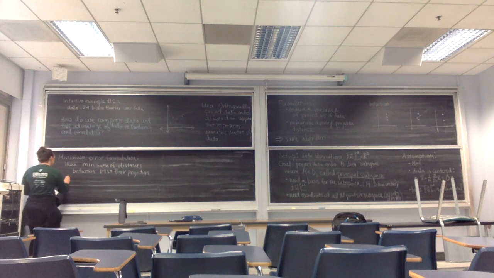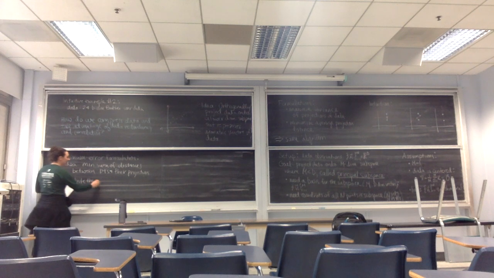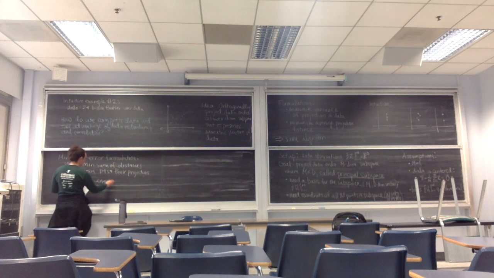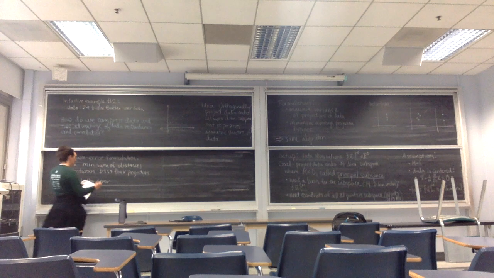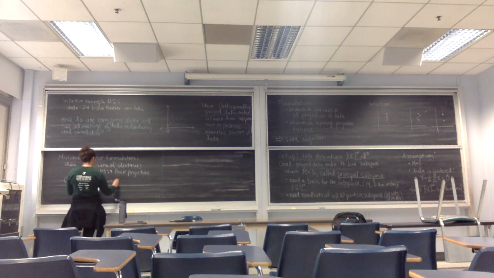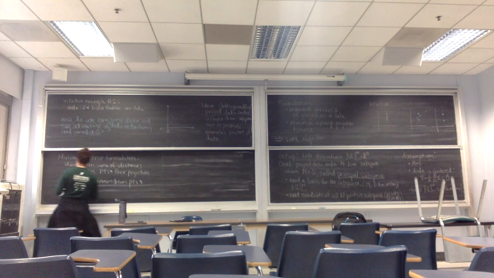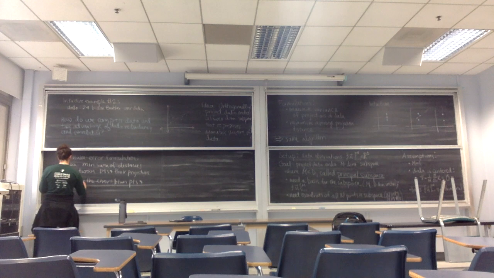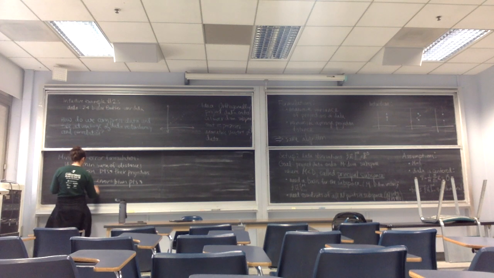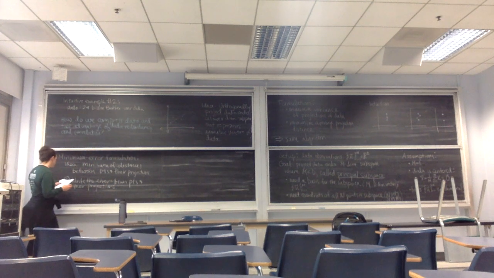And there's two main steps to this. The first one, we're going to write the errors, so the distances between points and their projections. And these are their projections onto the principal subspace.